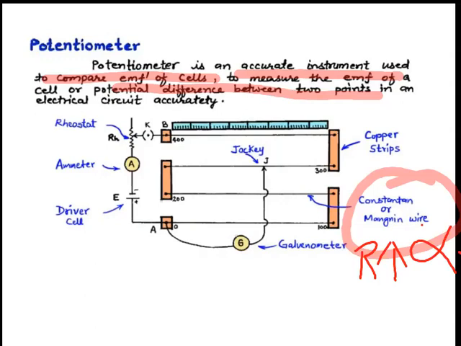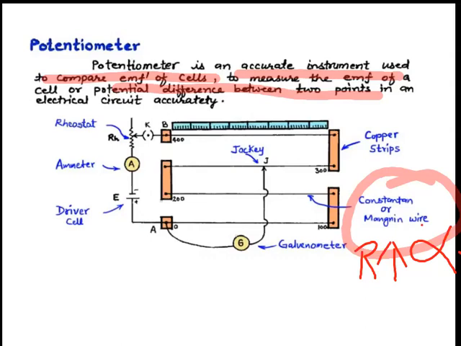It means the change in the wire due to an increase in temperature. So if the temperature increases, it is not going to affect the wire. The wire's length and cross-sectional area will all remain the same. Because of this reason, we are using these wires.